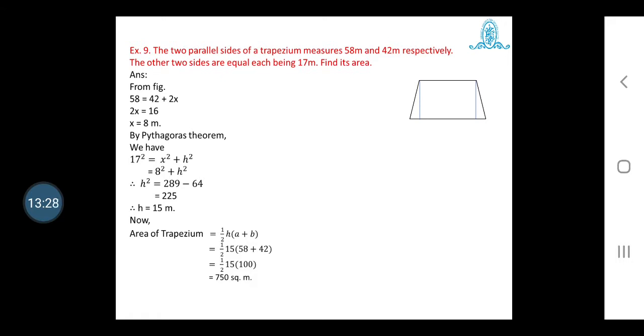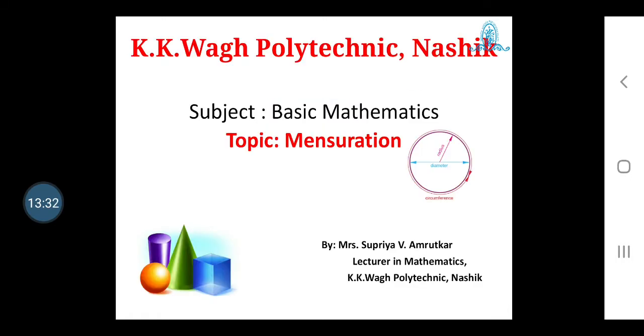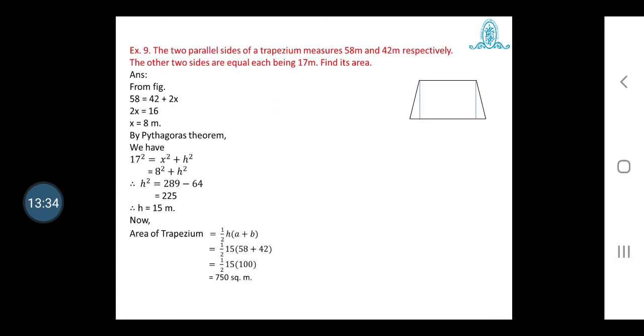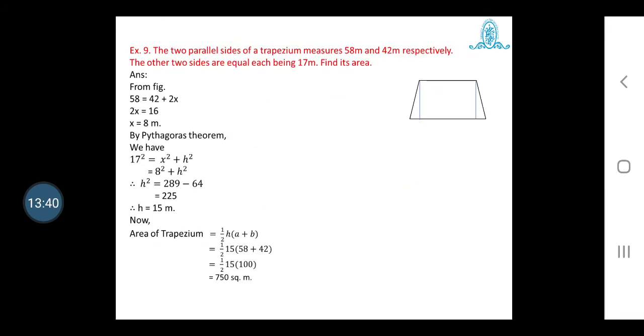Why 2x? If we consider this value is x, and this value is x, then x plus x becomes 2x, and 2x plus 42 is equal to 58. So how do we get the value of x? By transferring 42 to the other side, it becomes 58 minus 42 is 16. The value of x is equal to 8 meter.